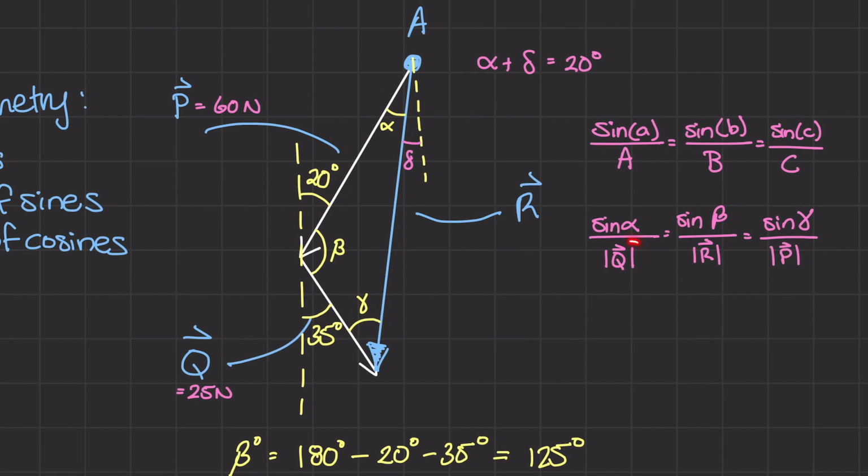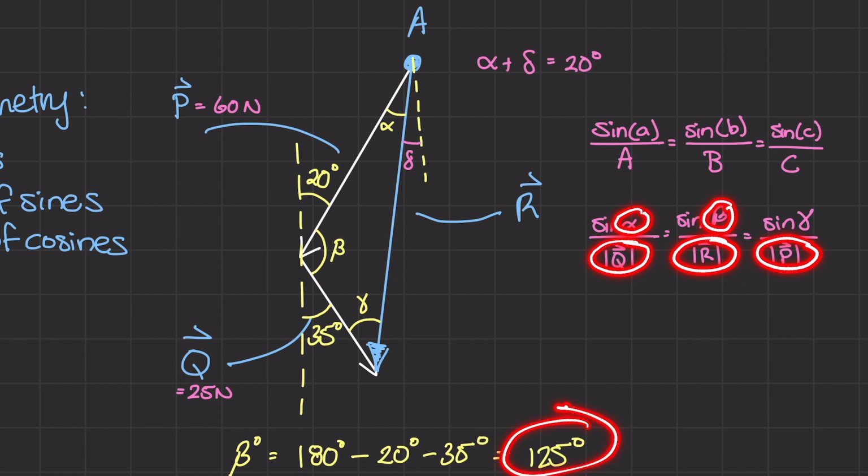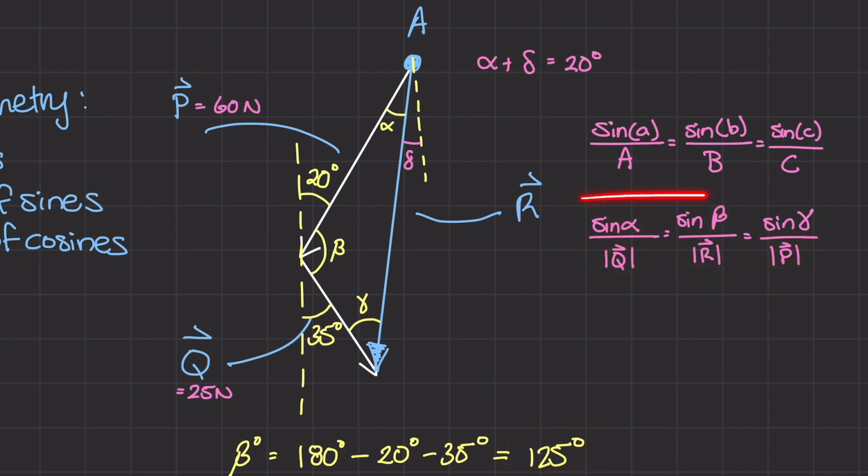Well, we know the magnitude of Q, we know the magnitude of R, and we know the magnitude of P. What we're trying to find is this alpha angle right here, and we just calculated what this angle beta was. It was 125 right here. So I'm going to take these two terms from this law of sines and use that to figure out what alpha is.